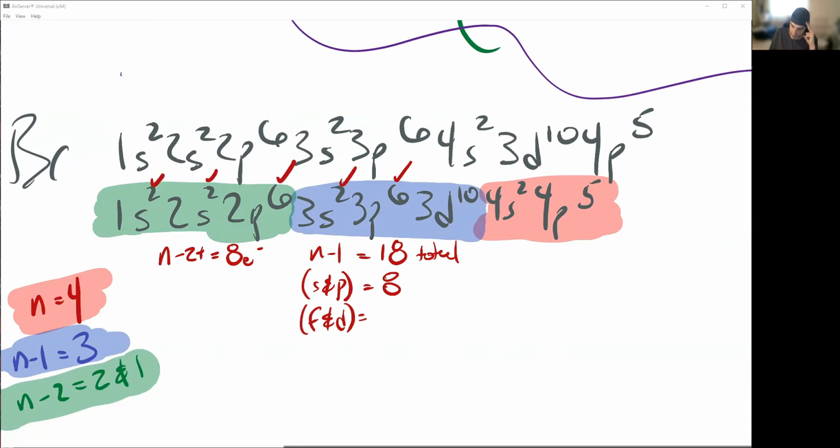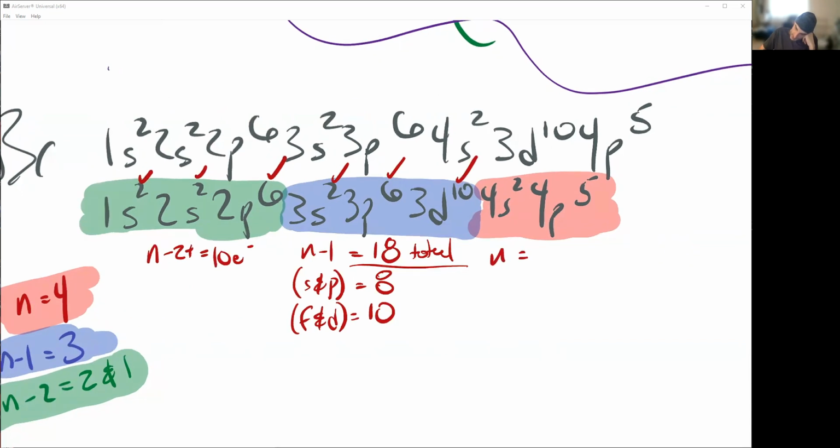I've got 8, I'm sorry, not 8, I actually have 10. Glad I caught myself. 10 electrons there. And then I have 10 electrons in the F and D in the n minus 1, because we have that special rule, and so a total of 18 electrons. And then finally, in my n group, I have a total of 5, 6, 7 electrons. Good.